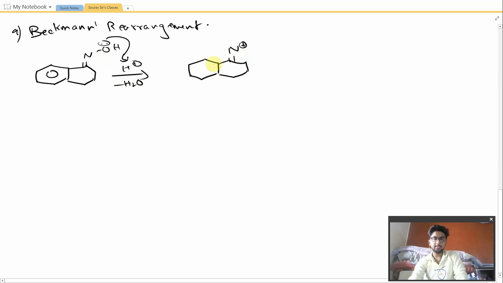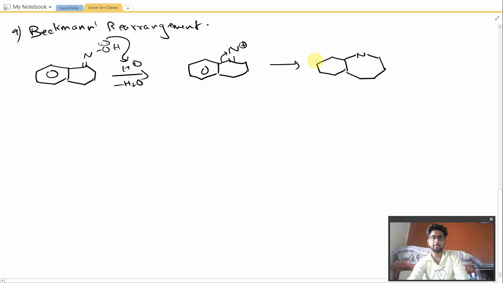Now what happens is that either this side would migrate over here or this side would migrate over here, but in comparison to the phenyl group and the alkyl group, the phenyl group has a greater migratory aptitude, so this group would shift over here. Okay, so what we will be getting is a 7-membered ring.